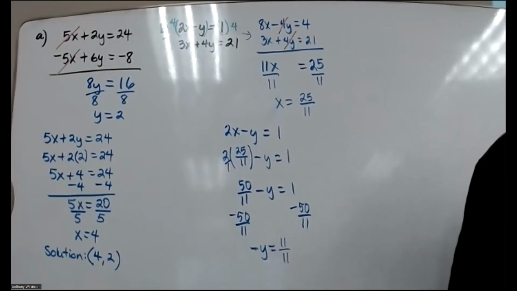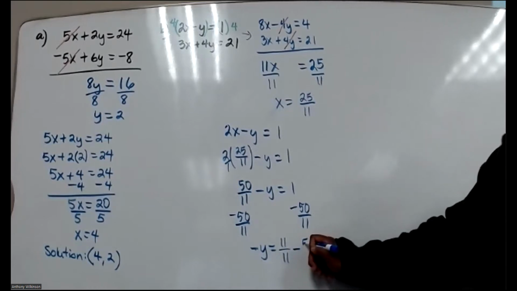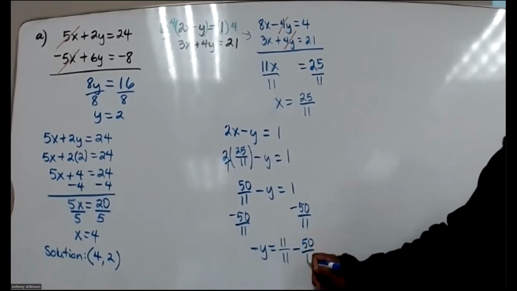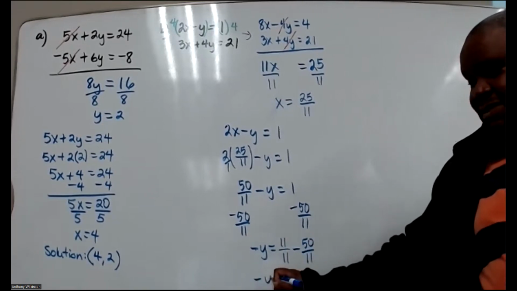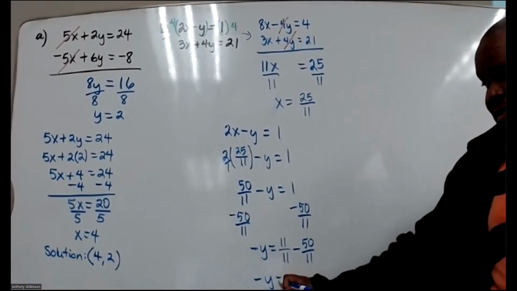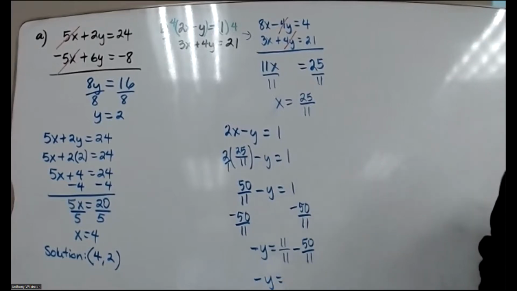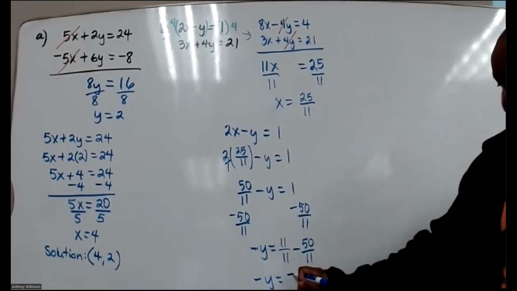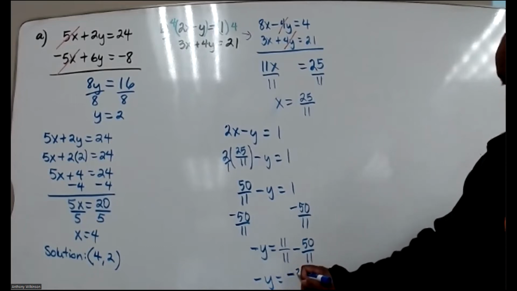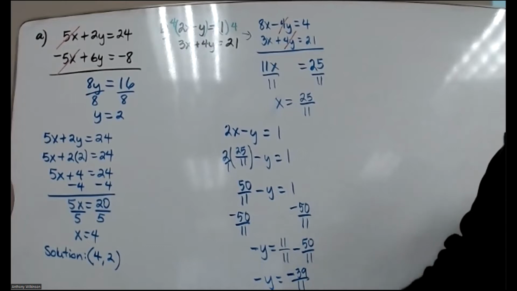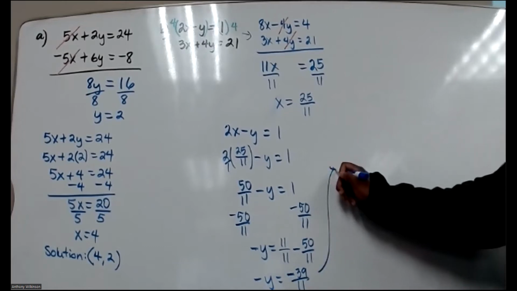It's actually 11, because 11 over 11 does equal to 1. And then subtracting 50 over 11. So that means negative y is equal to, let's see, if I subtract 11 minus 50, what would I get? Negative 39. So I got negative y is equal to negative 39 over 11.